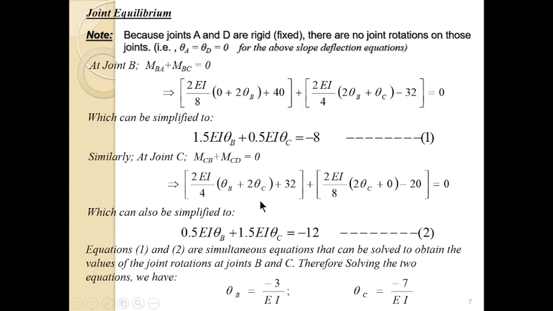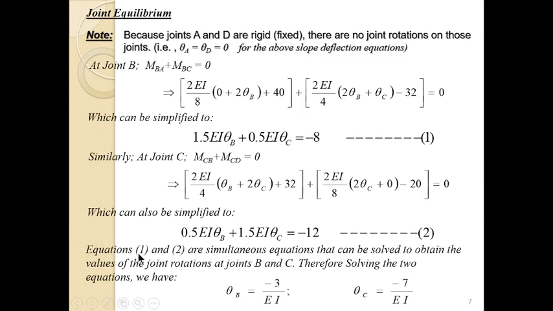This is the equation from MCB and this is the equation from MCD. Equate them to 0. In this case, you can notice this place was theta D, but it is 0 because theta D equals 0. So you see, you have two unknowns, theta B and theta C. If you simplify this equation, you now have 0.5 EI theta B plus 1.5 EI theta C equals minus 12. And this is equation 2.